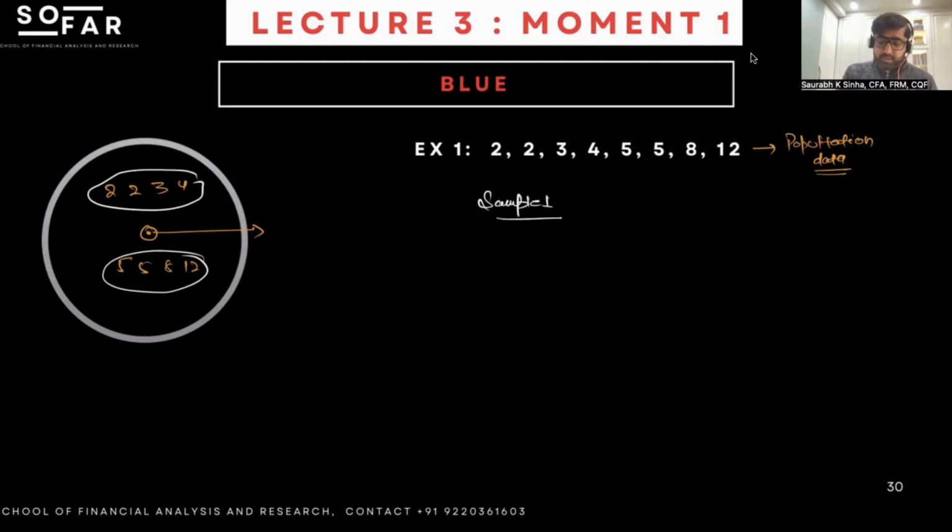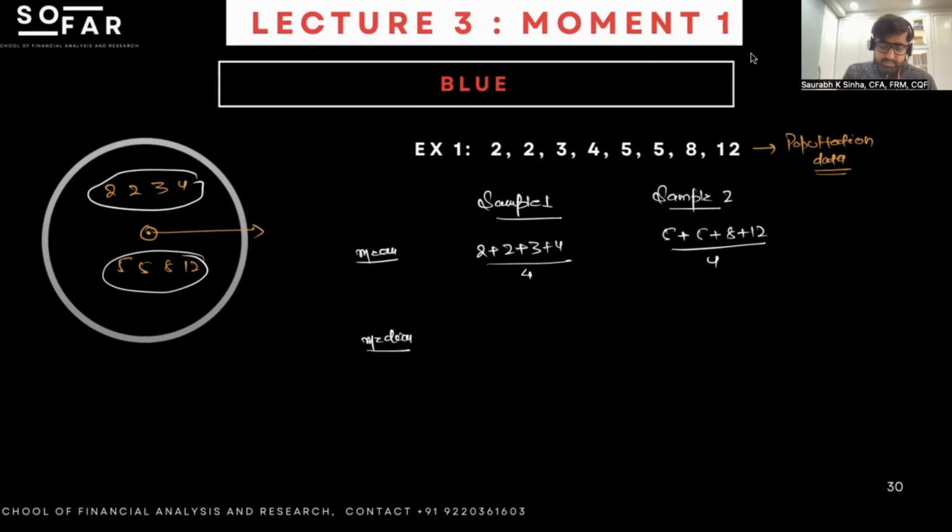Okay, so sample 1 is 2, 2, 3, 4, sample 2 is 5, 5, 8, 12. Let's calculate the mean. It's 2, 2, 3, 4, and this is 5, 5, 8, 12 upon 4.